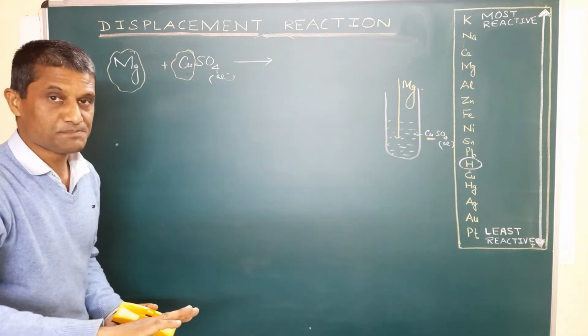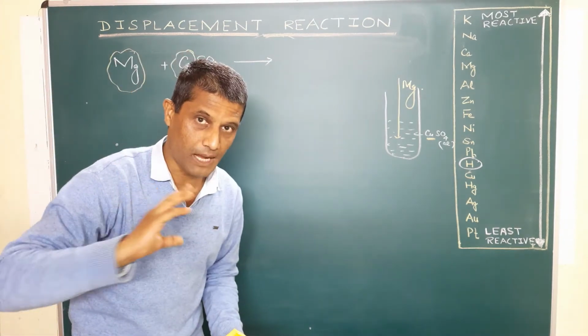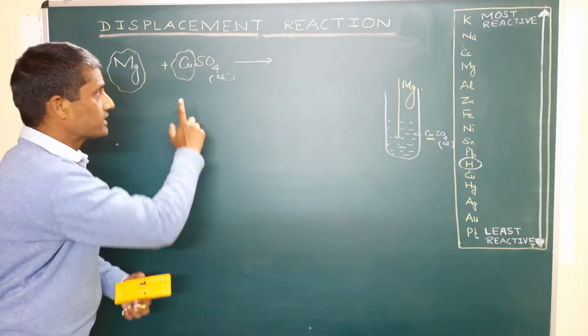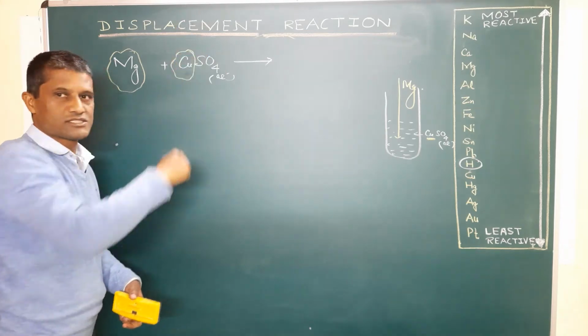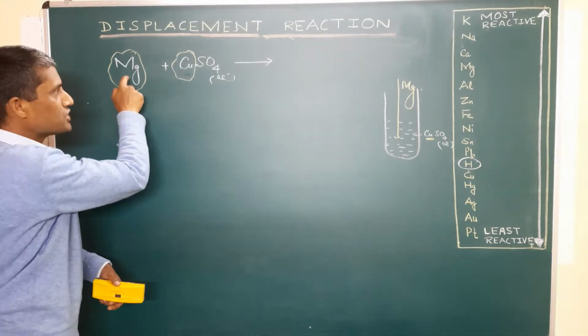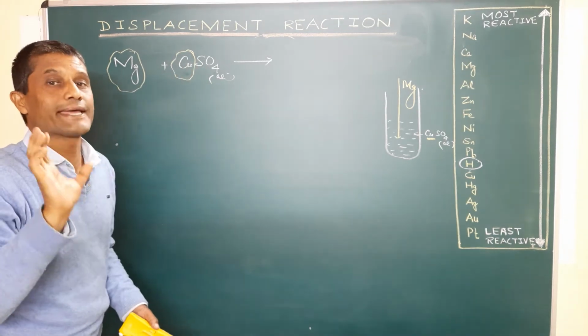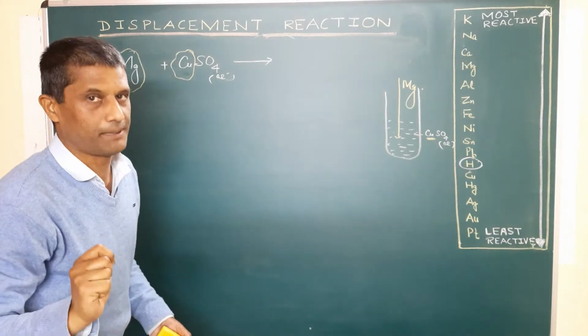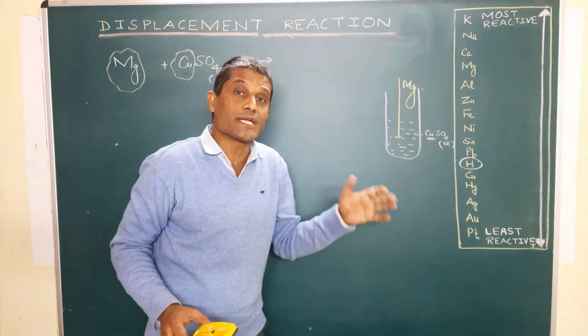Whether this displacement reaction will take place or not depends upon the definition you learnt earlier: the most reactive metal can only displace the less or least reactive metal from its salt solution. It means magnesium can only displace copper from its salt solution if magnesium is more reactive than copper. Now we should know whether magnesium is more reactive or not.